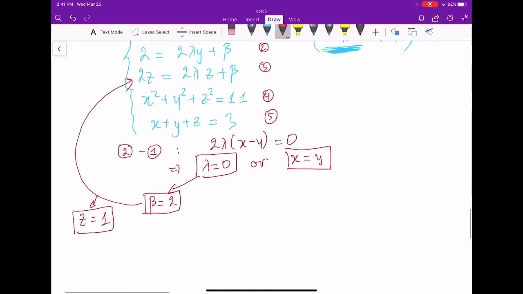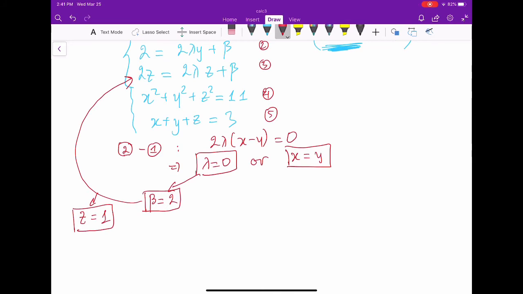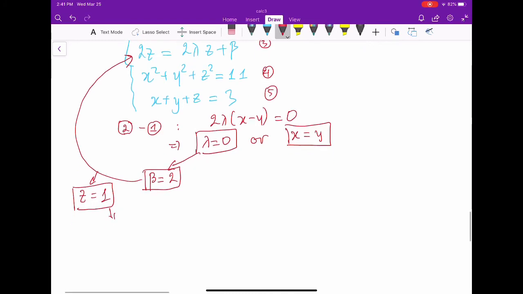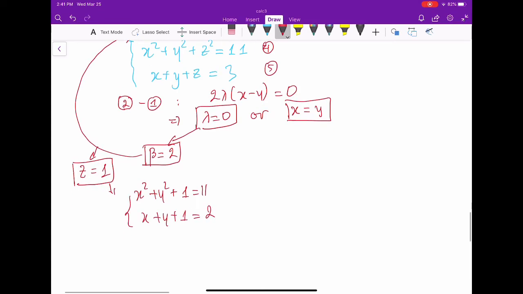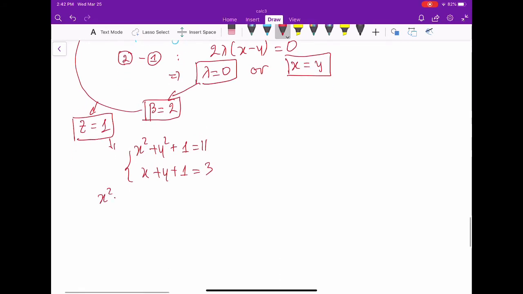Okay, so you plug z equal to 1 into the 4 and the 5, right? You get x squared plus y squared plus 1 equal to 11, and x plus y plus 1 equal to 3. You solve this system for x and y. You get x squared plus y squared equal to 10 and x plus y equal to 2. It's easy to solve.